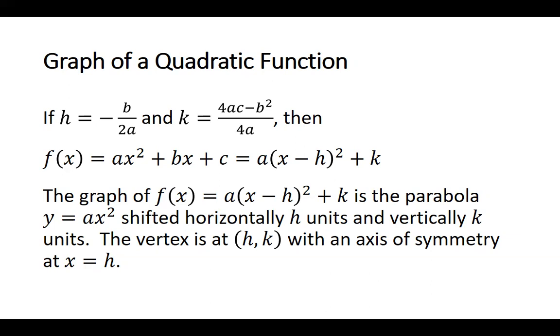So it gives us 1 point. If that discriminant is equal to 0, there is only one possible x value, and that will be on our vertex, and it will be negative b over 2a.